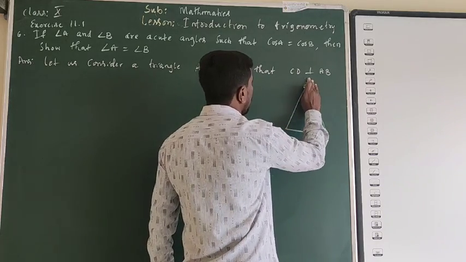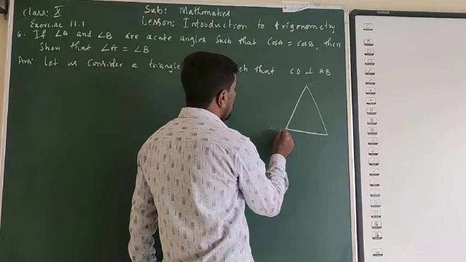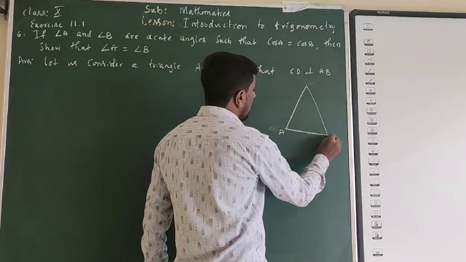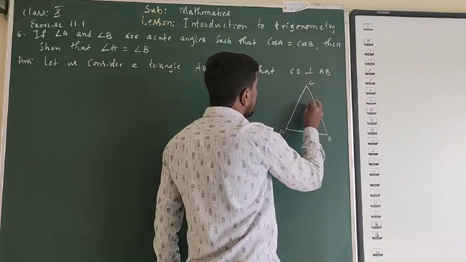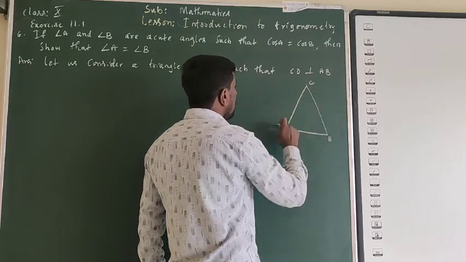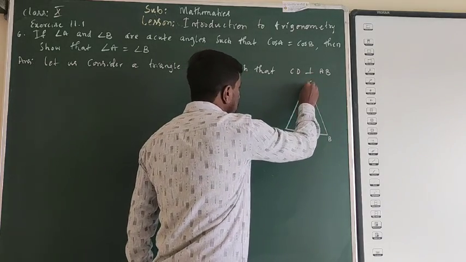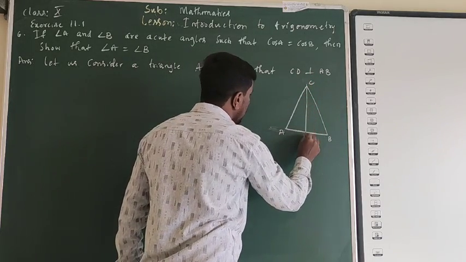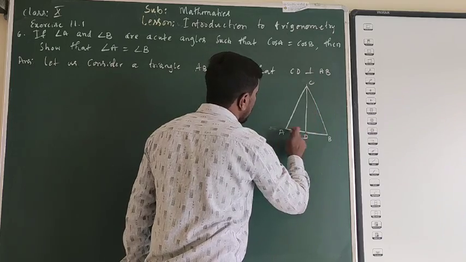So A is an acute angle. I will take this as A, this as B, and this as CD. ABC is the triangle in which CD is perpendicular to AB.